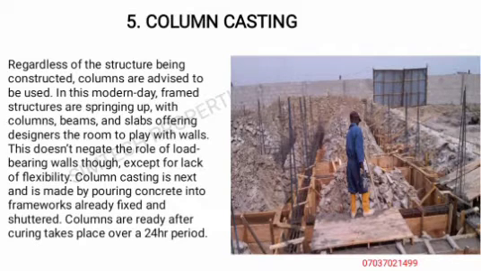It will divide the kitchen, everything. It will be well visible, in the sense that you'll be able to know this is where this room is, this is where the parlor is, this is where the kitchen is. Okay, columns are ready after curing takes place over a 24-hour period.